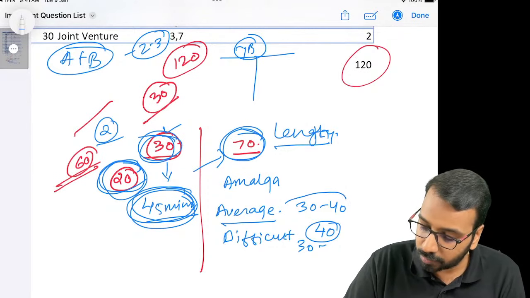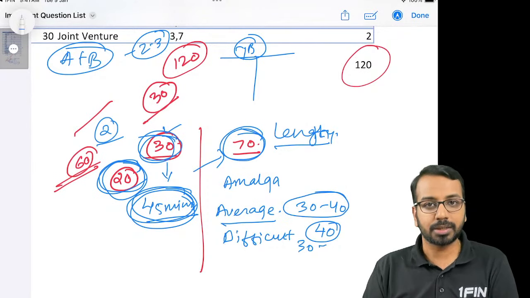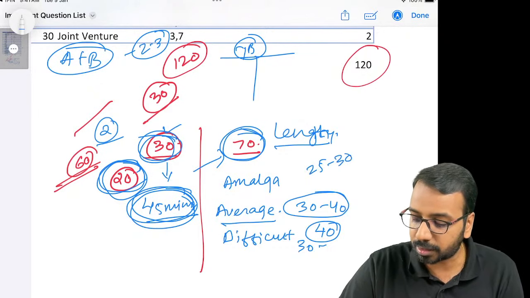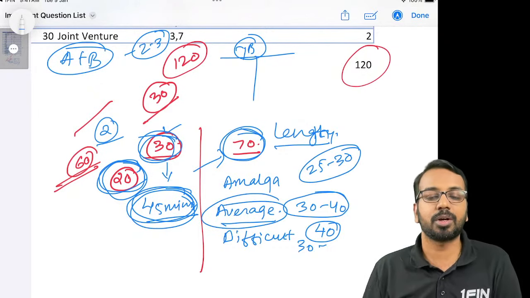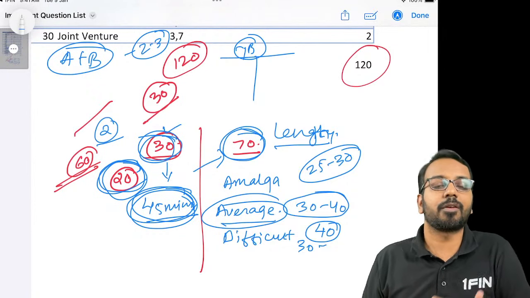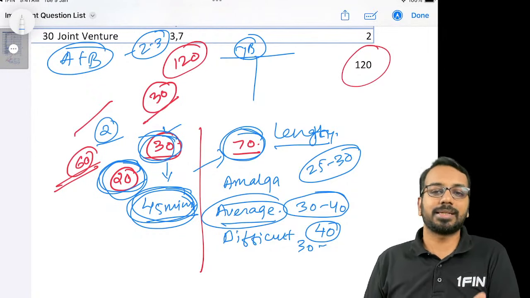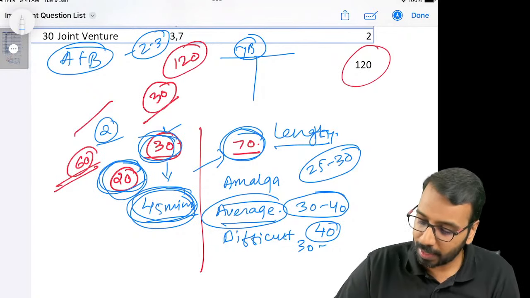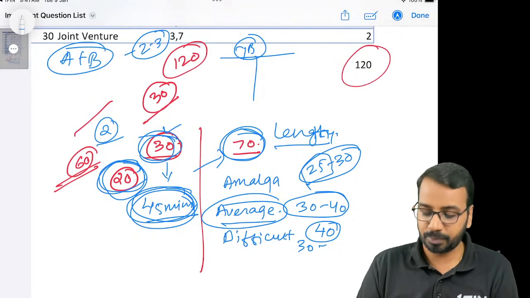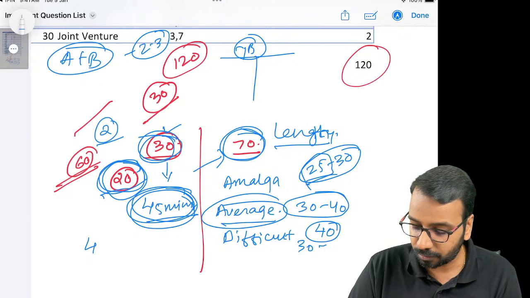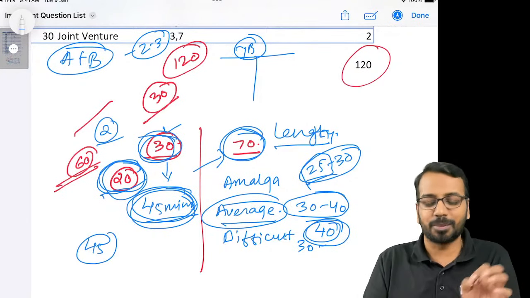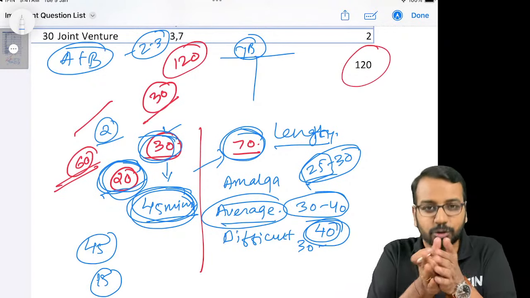Now out of these average questions of 30 to 40 marks, even if I'm able to score 25 to 30 marks, and these average questions I say because these are either picked up from the material, picked up from the past exam papers, hence I will be in a position to solve. So can I do 25 at least in this? So 20 here, 25 here, 45 is done. And in the remaining 40 marks, doing something here, doing something here, can I target 15 marks? That should be my strategy.